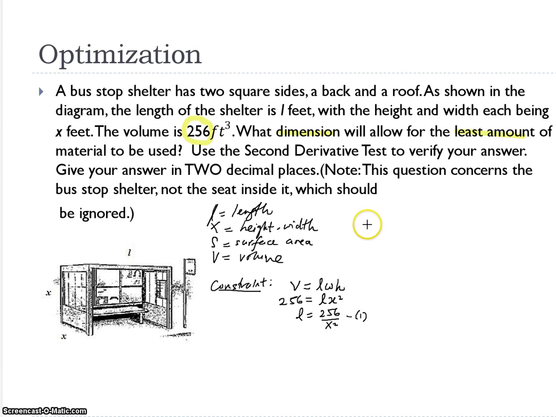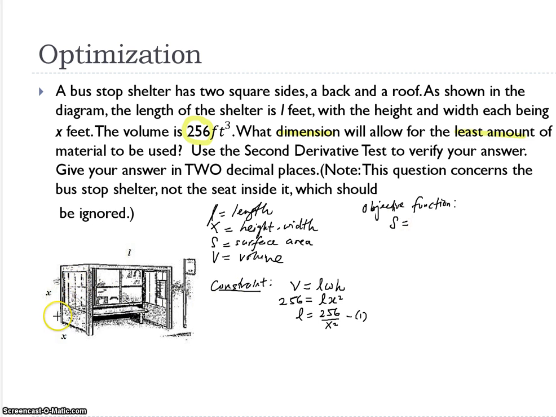Then we continue to find our objective function. Our objective is to find the least amount of material, so we have surface area. Let's calculate how much surface area we have.